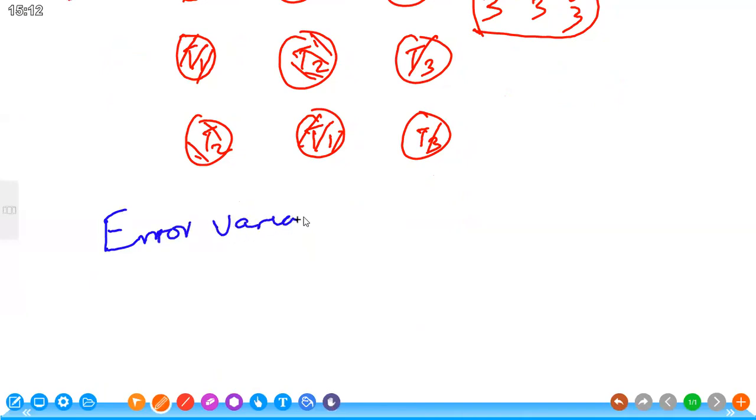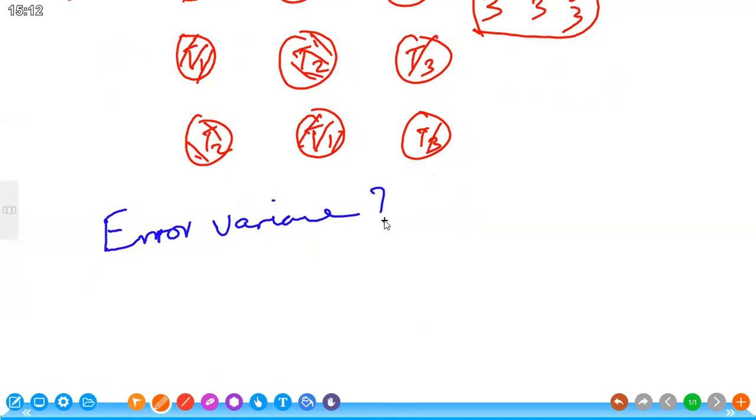Anyone? Why is the error variance important? Darshani? You are free to answer, no problem. Darshani? Indujalini?